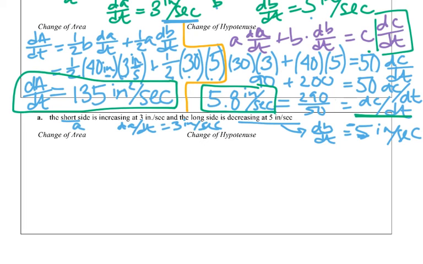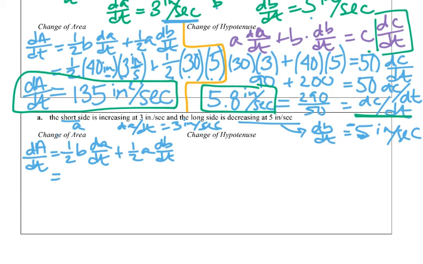Okay, now we're ready to plug this back into our formula for change of area. I'll rewrite the formula, but you don't have to. So the change in area, remember capital A, dA/dt equals 1/2 B dA/dt plus 1/2 A dB/dt. So now we're ready to start substituting things in to find the change of area.